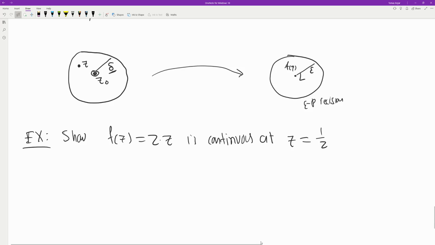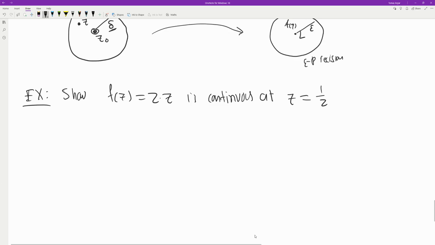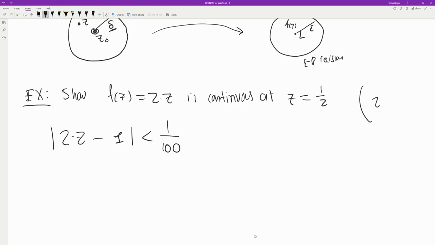Okay, all right. So what does that mean? Suppose you want to be 1/100 close to the limit, which is 1, by the way. You can check, f of a half is 1.